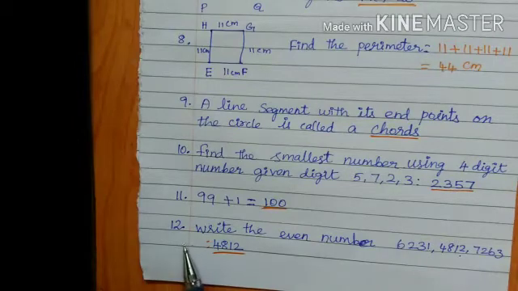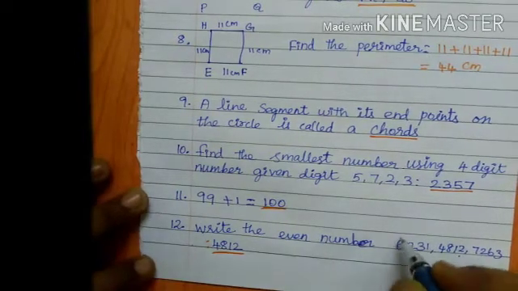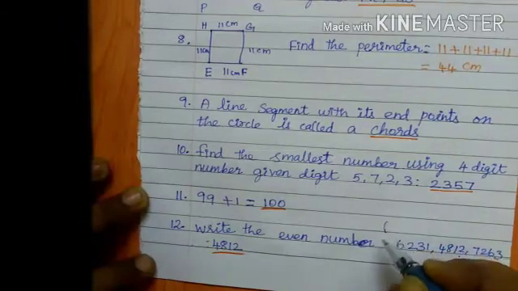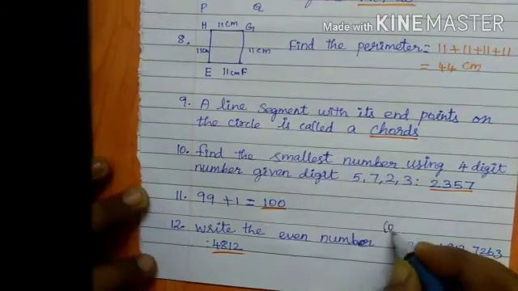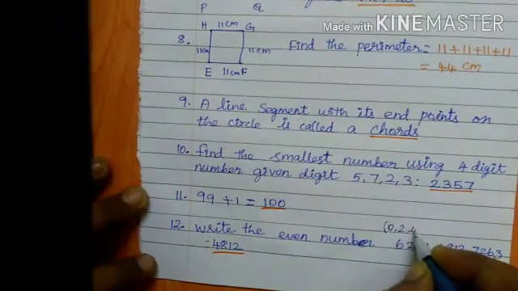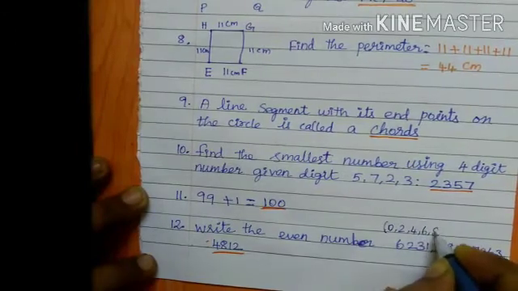Then 12th question, write the even number. The numbers given to you are 6231, 4812, 7263. Already you learned the end digits: 0, 2, 4, 6, 8.